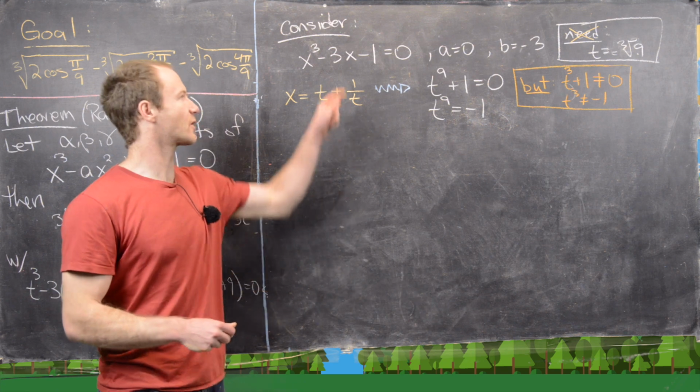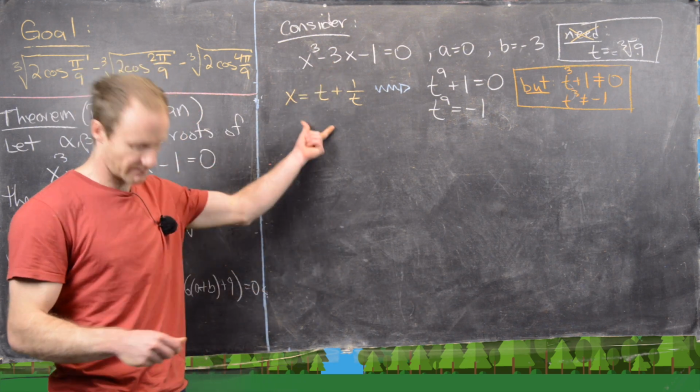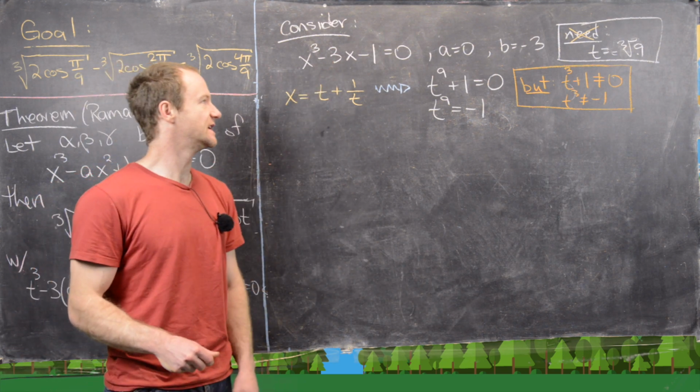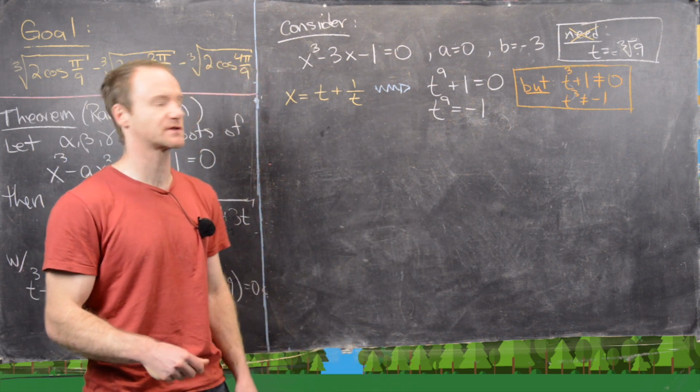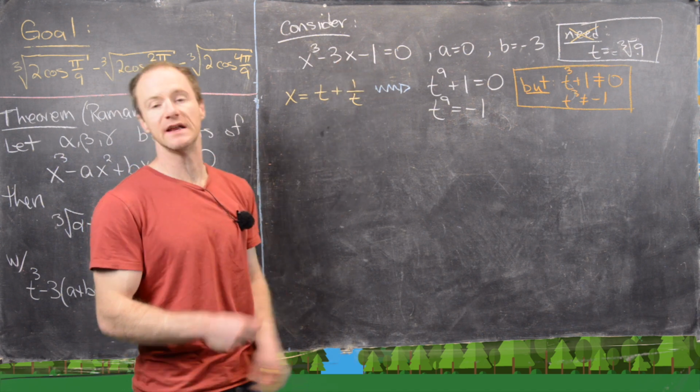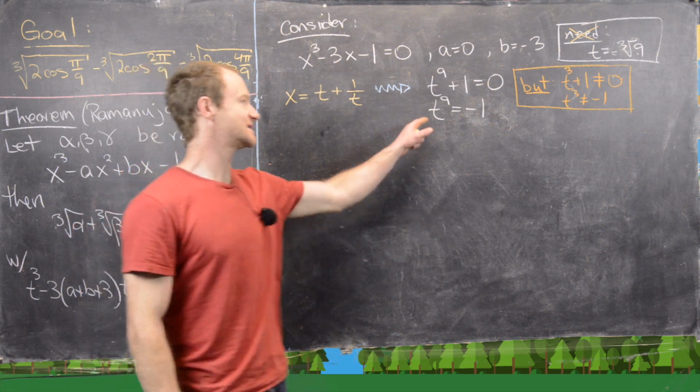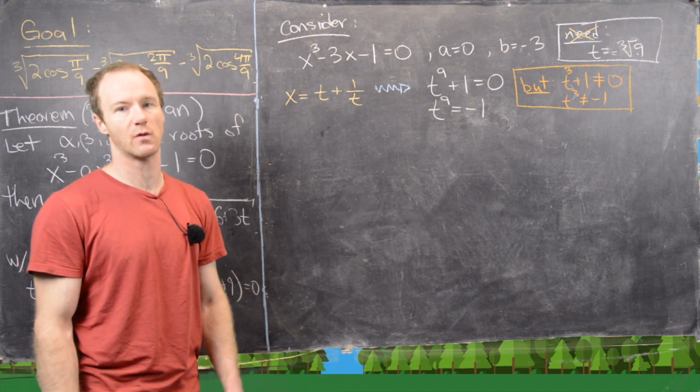All right, let's see where we were on solving this polynomial equation. We made the substitution x equals t plus 1 over t. That gave us the equation t to the 9th plus 1 equals 0 after putting it in here and letting everything cancel. That's the same thing as t to the 9th equals negative 1.